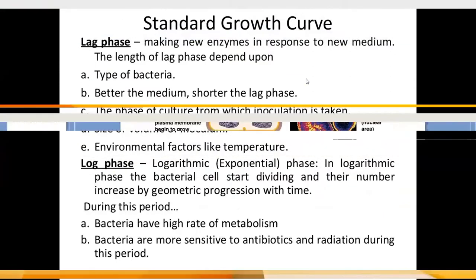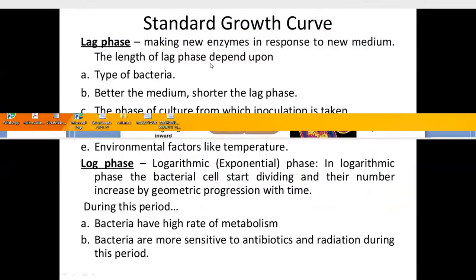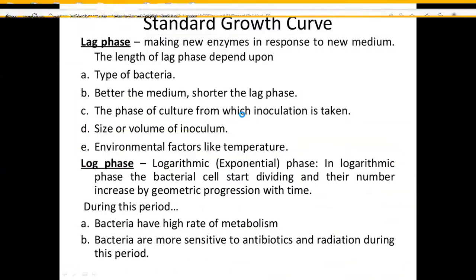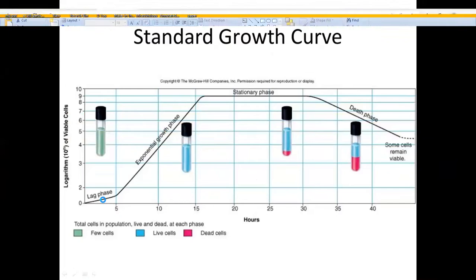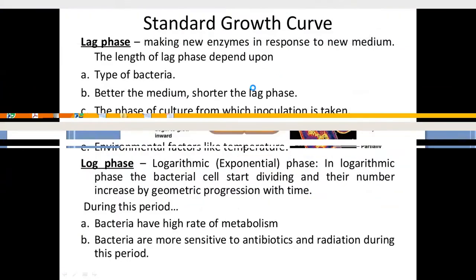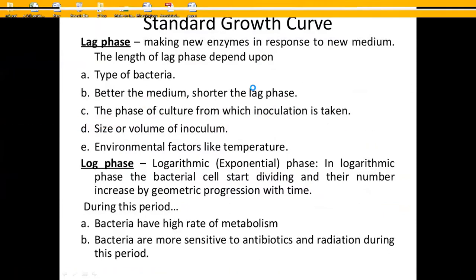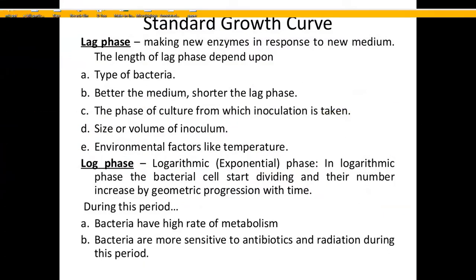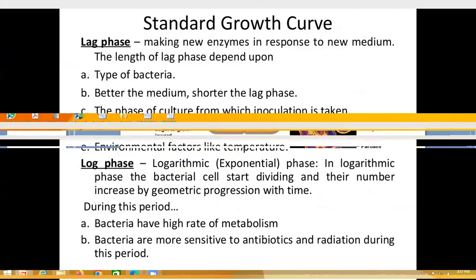Next, the standard growth curve. Just now whatever we have discussed, it is the same thing. Lag phase: here, as we have seen, the number is not increasing. What is the reason? Here, the cell will prepare itself for division. It is the preparation phase, where the cells are adjusting to the new medium.